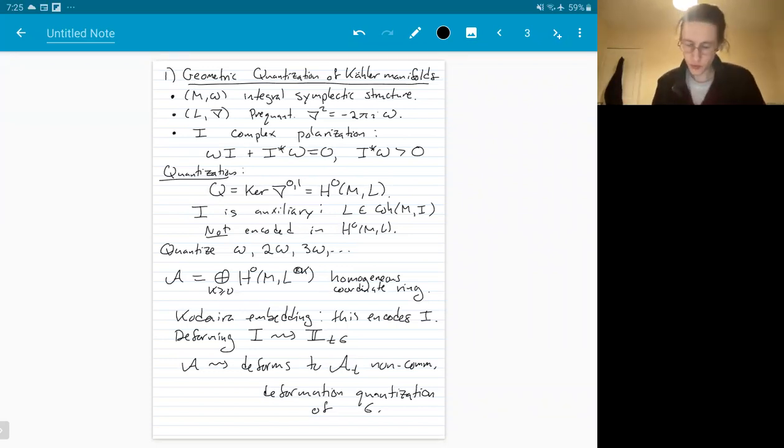So I want to rephrase this now. First of all, rephrase the homogeneous coordinate ring completely in terms of the category of coherent sheaves, so that you can see how this algebra can be deformed by turning on a Poisson structure and deforming the category.